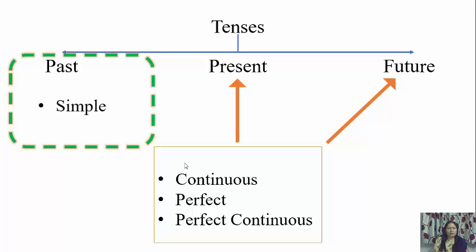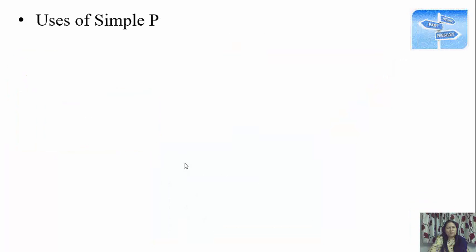So first form of verb is used in present tense, then second form of verb is used in past tense, and third form is called past participle, that is used in perfect tenses. As I told you, in present perfect also we use third form of verb, but in simple past you use second form of verb. Now let's go ahead and look at the uses of simple past tense.